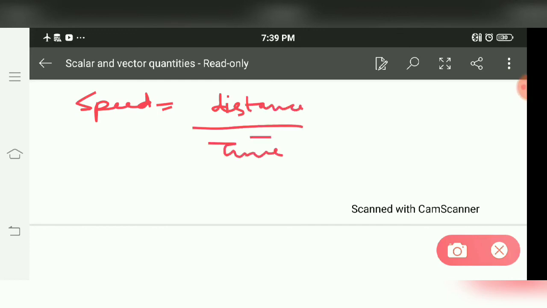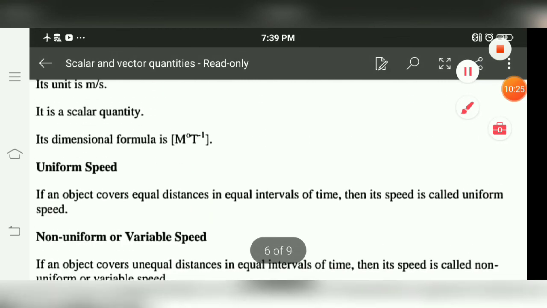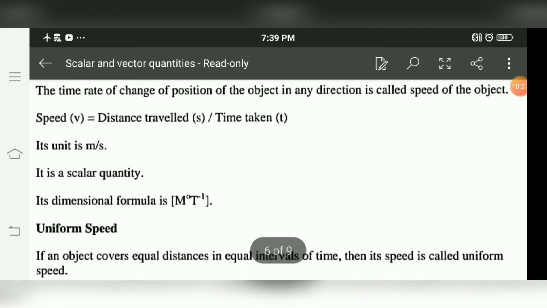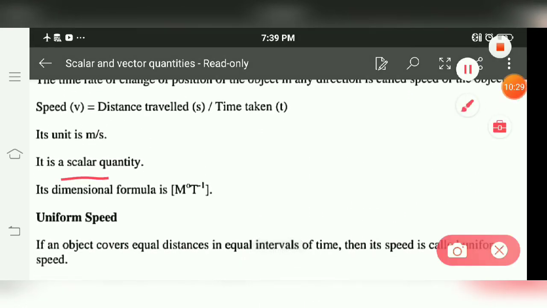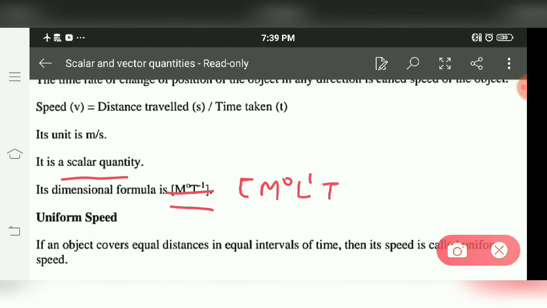Its unit is meter per second. Its dimension, given here, is wrong. It is M0 L1 T minus 1.